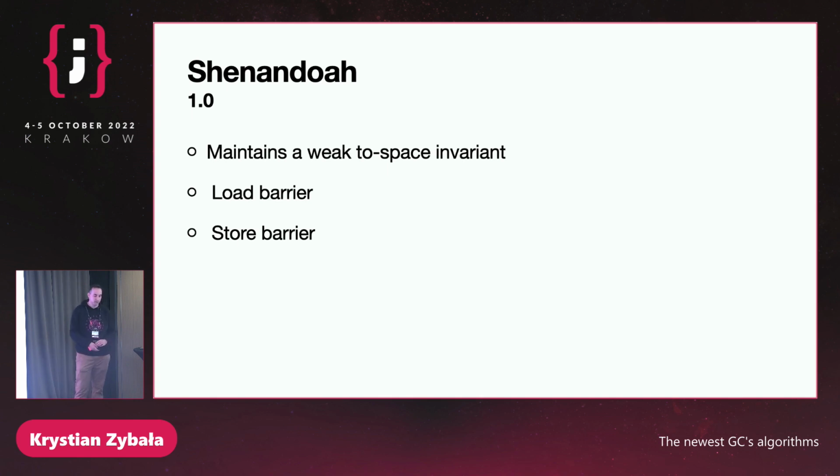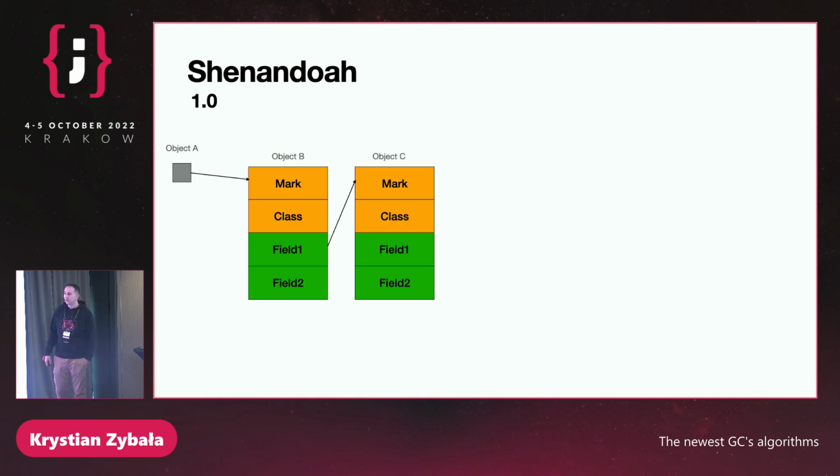And it uses load and store barriers. It means that when you, for example, load an object from the heap and write to the heap, some barrier may occur, and the application thread should go through the slow path. And this is the scenario, for example, when we have object A, which has the reference to object B, and so on.